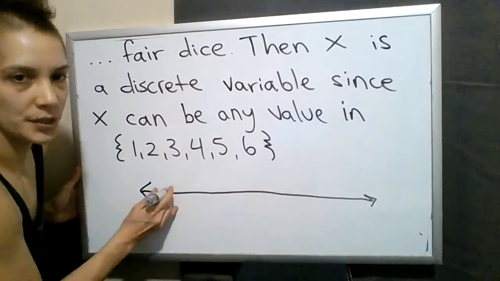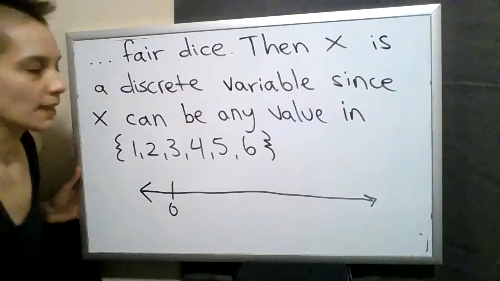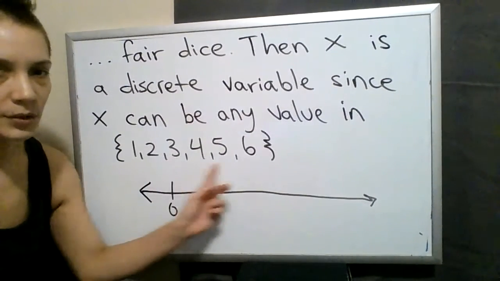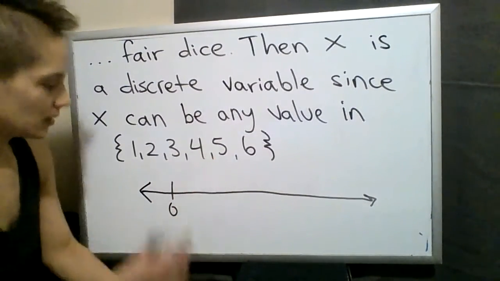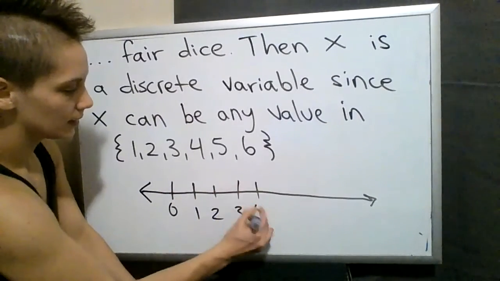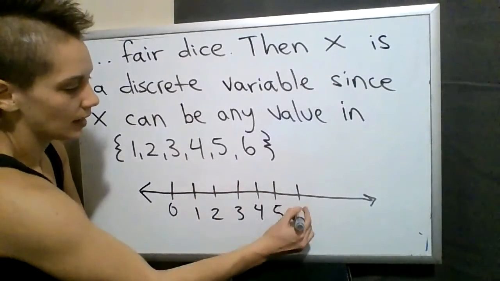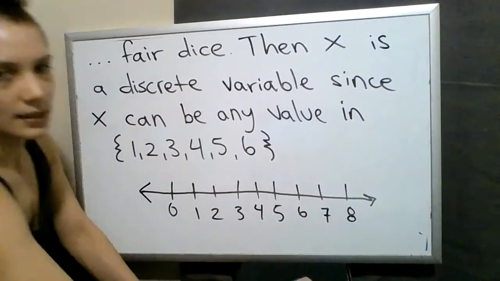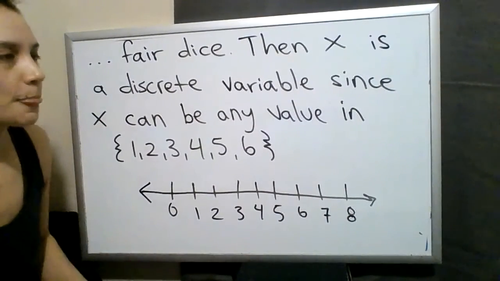Let's put a placeholder of 0. And I need my critical numbers or numbers of interest somewhere on this line. I'm going to put some extra just for fun, but you don't need extra if you're drawing a sketch.